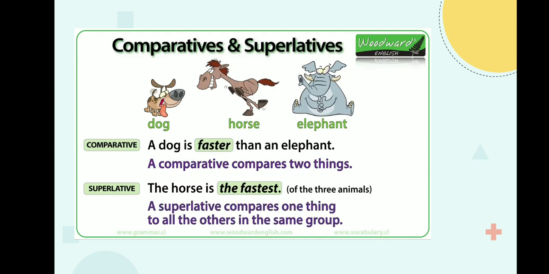A superlative compares one thing to all the others in the same group. In this case, we are comparing the horse to the other animals in the group, which are the dog and elephant. Now we need to learn how to make a comparative and a superlative.